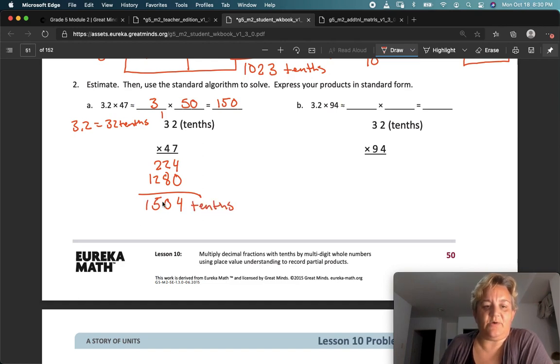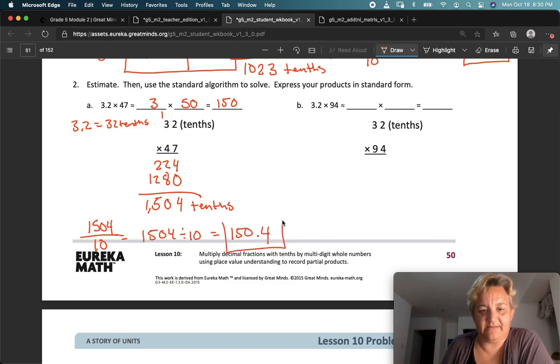Okay, so 1,504 tenths. Again, I'm going to change this back into a fraction, which equals 1,504 divided by 10, which equals 150.4. There's my final answer. And that's pretty close, isn't it? Very close, in fact. We did a good job.